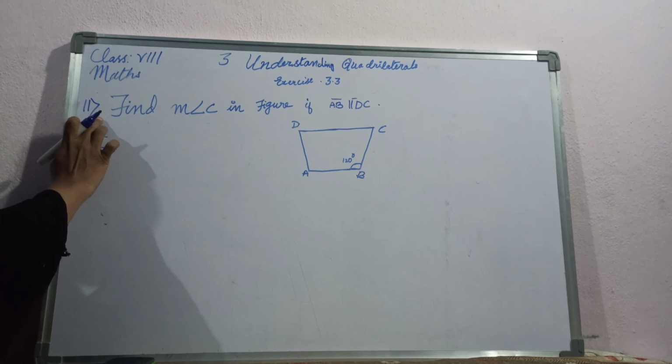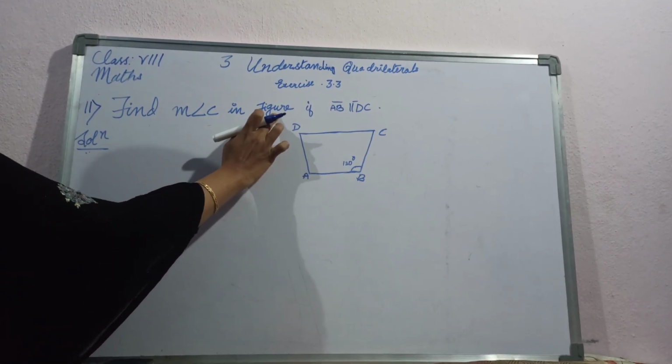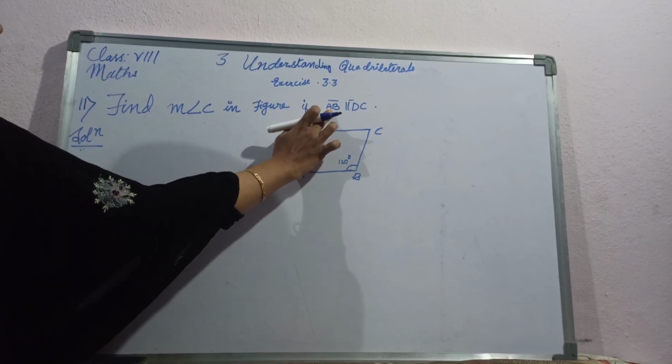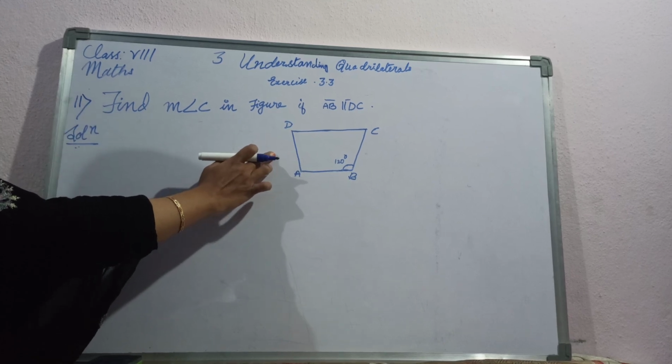Let us see the next problem, the 11th one. Find the measure of angle C in the figure if AB is parallel to DC. This is the given figure to us.